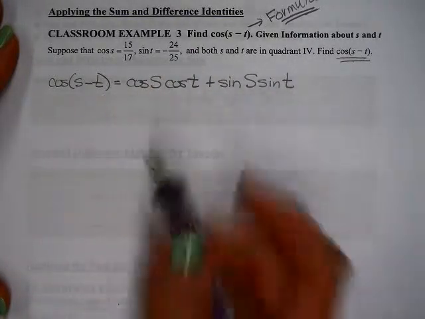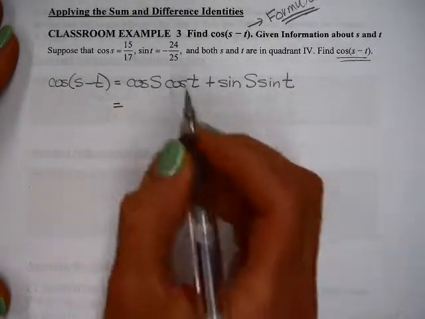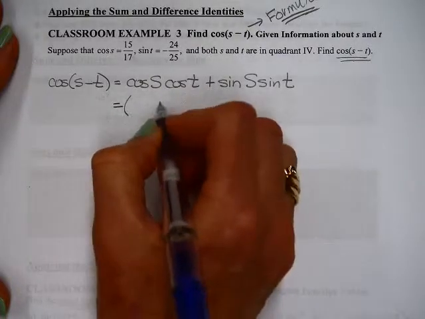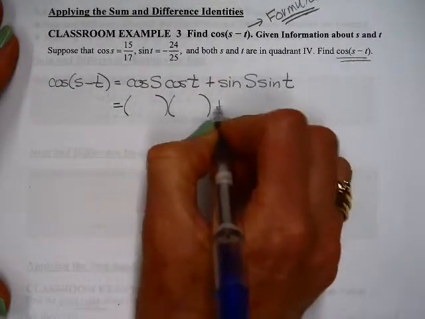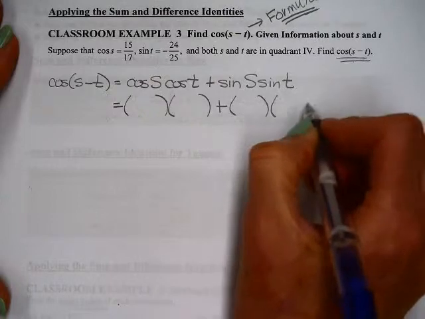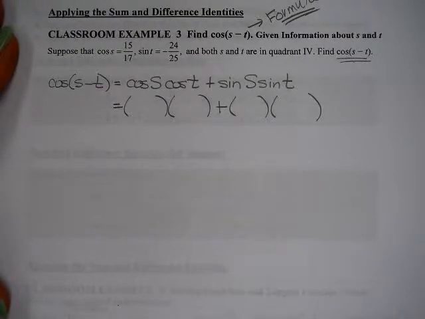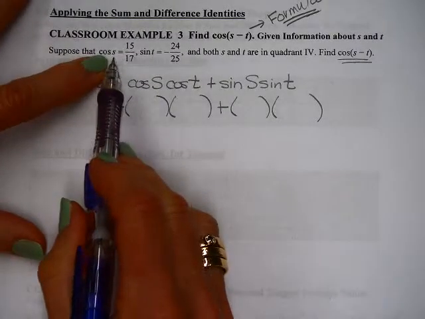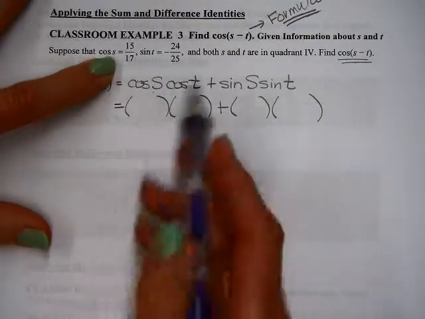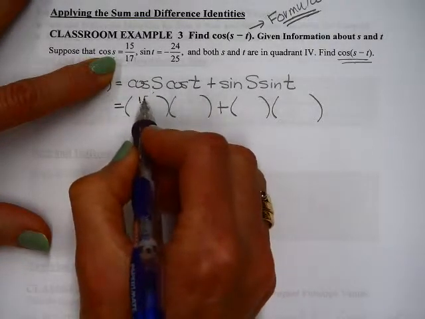Here is my formula. Just like everything else, I have got 4 things that I have got to put into this formula. They will always give you 2 of them. What 2 did they give me? They gave me the cosine of S, which is this one right here, as 15 over 17.